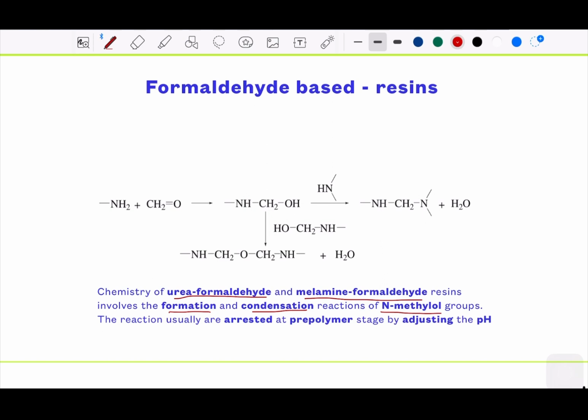The reaction is usually arrested at the pre-polymer stage by adjusting pH. So it's basically quite simple. If we adjust the pH, base or acidity, we can make the polymer hibernate. So if we change the pH, we can make the polymers prepare to be reacted.